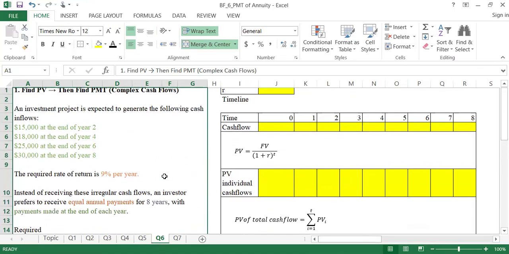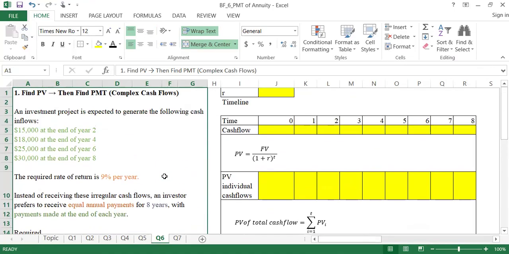Okay. Then I have another question. We are given an irregular cash flow stream, and then we are asked, rather than the irregular cash flow stream, is there an equal annual payment plan that will make my cash flows equal?